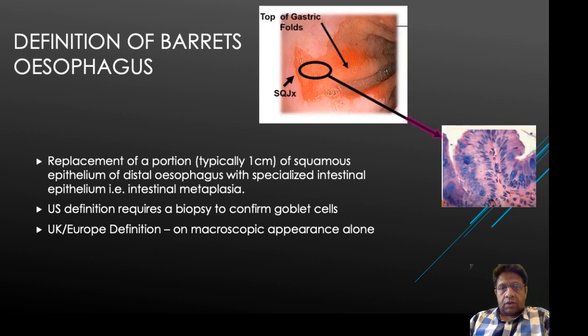So this is an endoscopic picture showing the top of the gastric folds. The lumen of the esophagus entering into the stomach is in this area, and this area of tissue here above the gastric fold is abnormal, and when a biopsy is taken you see the goblet cells which confirm the intestinal metaplasia.